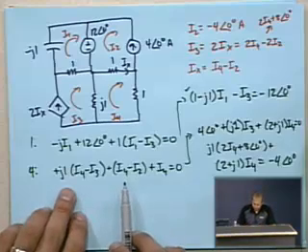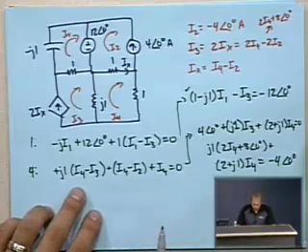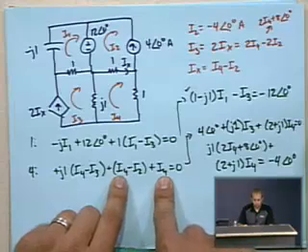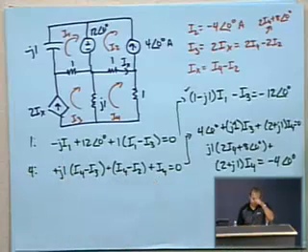So we have 1, 2I4, and then a positive j1.